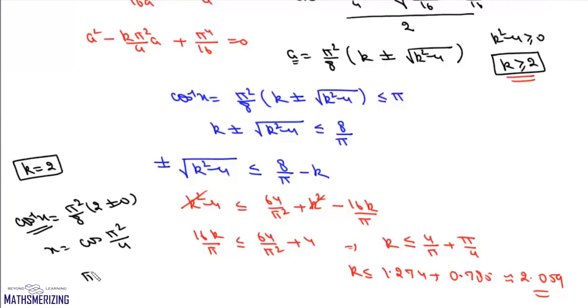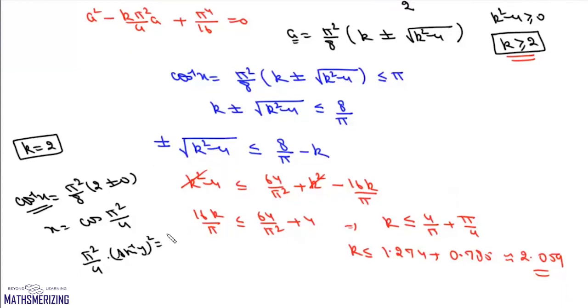So pi square by 4 into sin inverse y whole square is equal to pi to the power 4 upon 16. So here pi square will cancel, and this 4 will cancel. We'll get sin inverse y as plus or minus pi by 2. In that case, the value of y will be simply plus or minus 1.